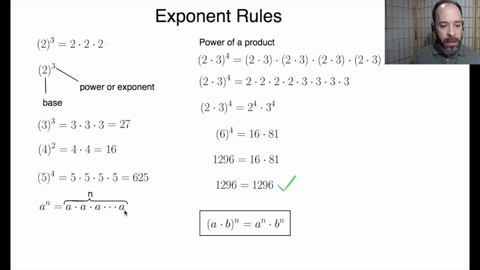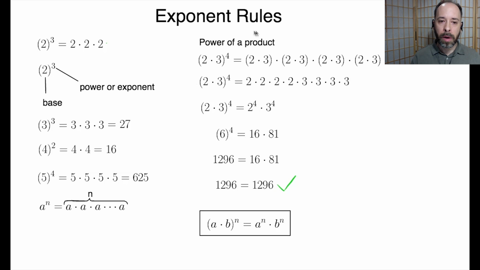We write this out in an abstract way, a string of a's with dot dot dots in the middle, meaning that something goes in there and we're not going to write out all of it, and we put this little n over the top to indicate that there are n total a's being multiplied. That's what a to the power n is. That way of writing it is going to be useful when we start trying to reason about general expressions involving bases being raised to powers.